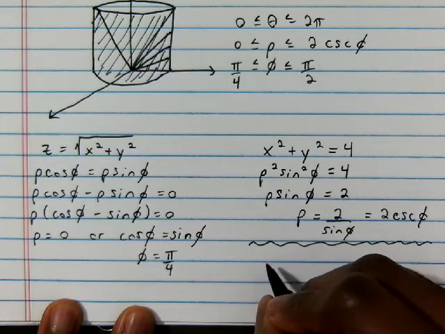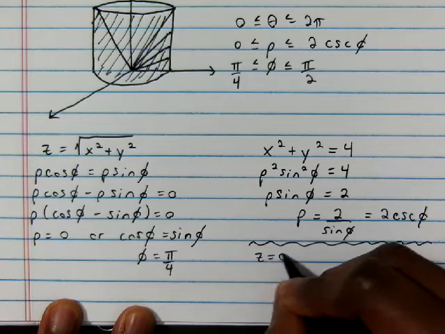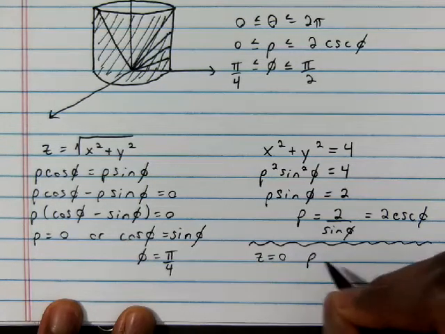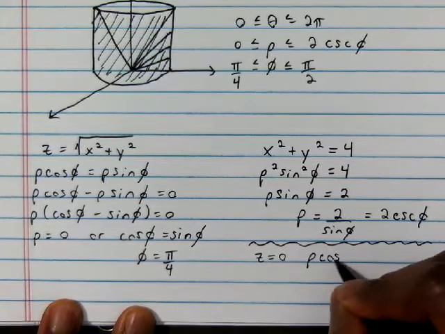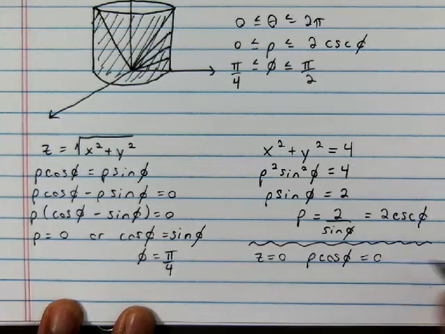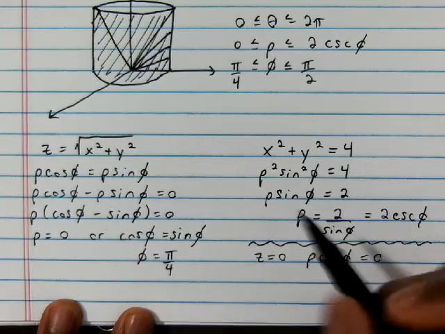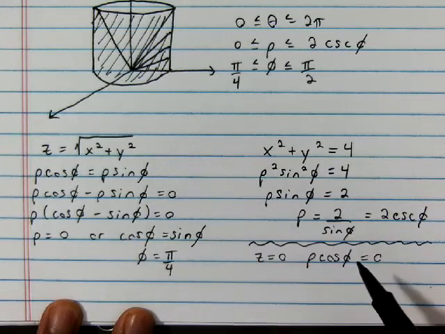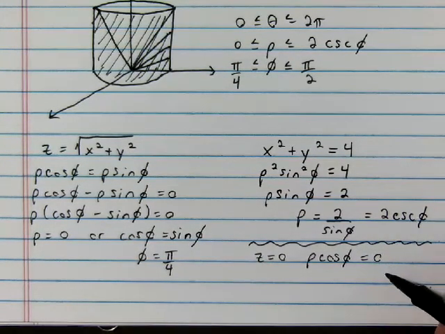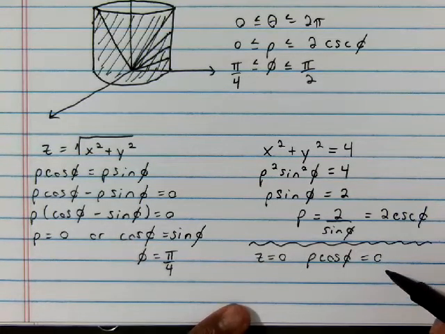So z equals 0 gives us that rho cosine phi equals 0. If you figured out stuff from your picture, you don't have to do the picture and the algebra. I tend to do both of them just so you can see both ways, but there's no need to do both. You do whichever one works for you and makes sure you get the integral set up correctly.